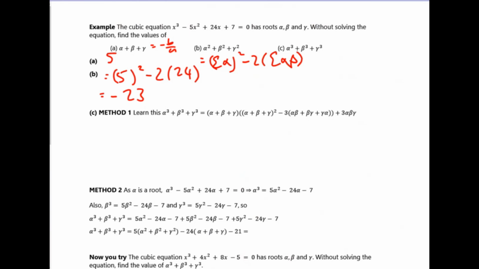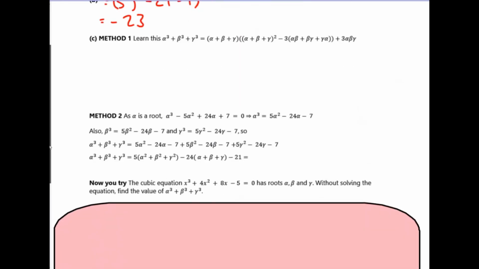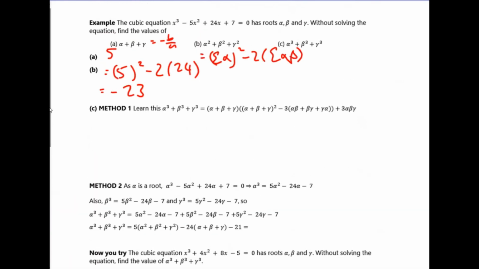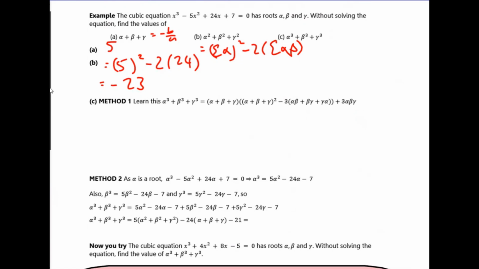Then you could substitute the results that you know into this formula here, which actually is slightly different to the one that's earlier on in the fact. But method 2 is a much better method, which I'm going to work with. Now, in this question, you've already been told alpha plus beta plus gamma and alpha squared plus beta squared plus gamma squared, and now you've been asked for alpha cubed plus beta cubed plus gamma cubed.